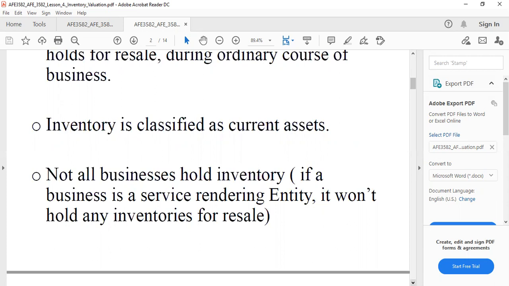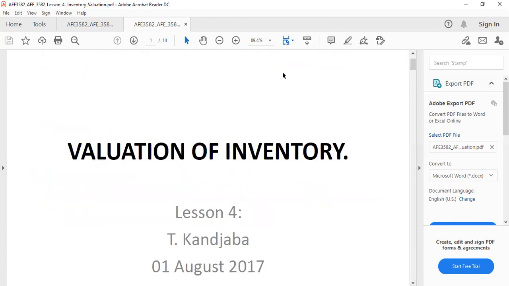They render service, so they do not have inventory. So inventory only has to do with trading businesses, that sell items and do not render service. What they do is they sell items. So those are the kind of businesses that hold inventory.